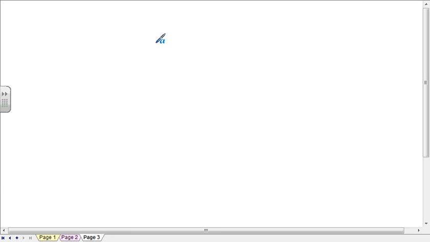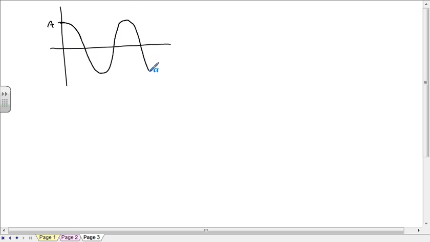Okay, so the graph is going to start at positive A. And it's going to follow a motion like that, where this position down here is negative A. And what function is that?